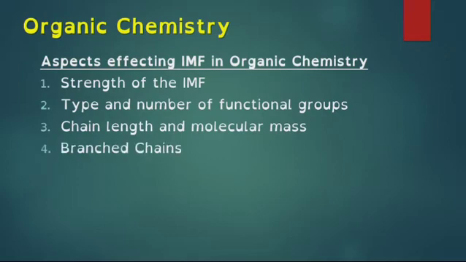And the last aspect is how branched a chain is. So guys, these are the 4 aspects you need to be able to describe and argue in a chemistry paper when confronted with different boiling points or different vapor pressures of different molecules.